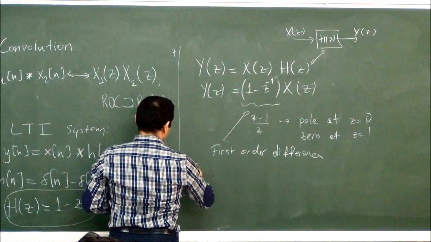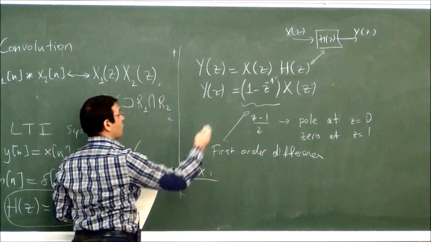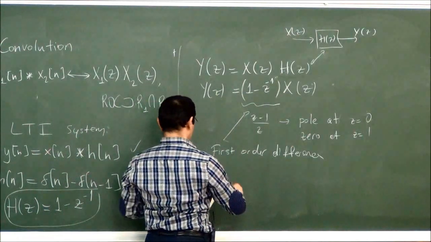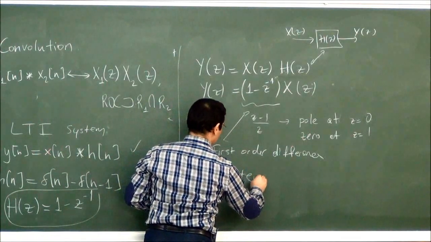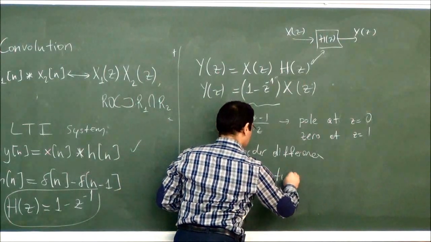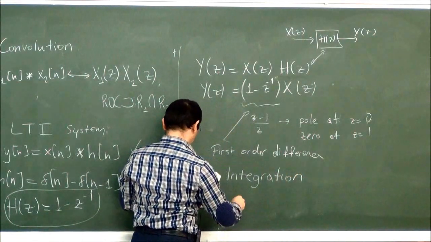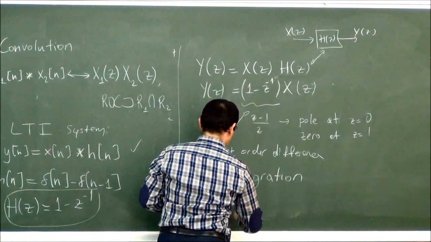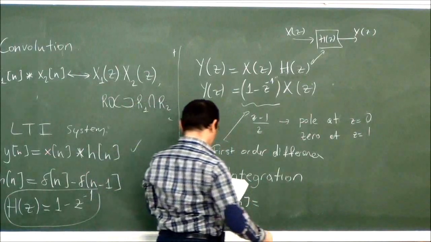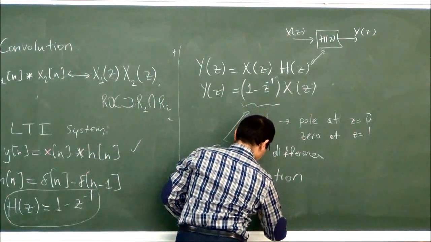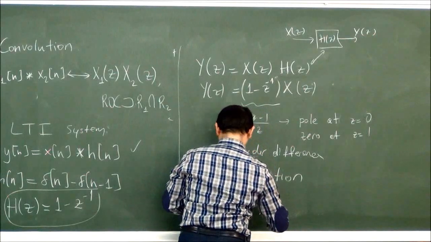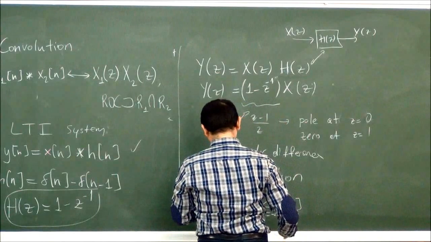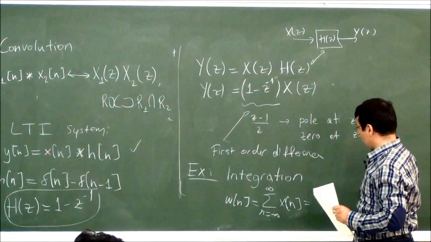What about integration? So this is a differentiation system. Maybe you can put an integration system. So this example is related with integration. Let's say the output of the integration system is w[n] in this case. So it is equal to adding all the previous values of the input signal.